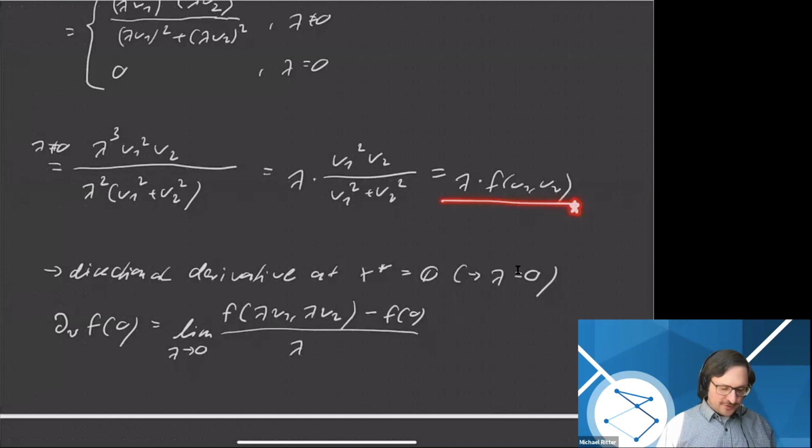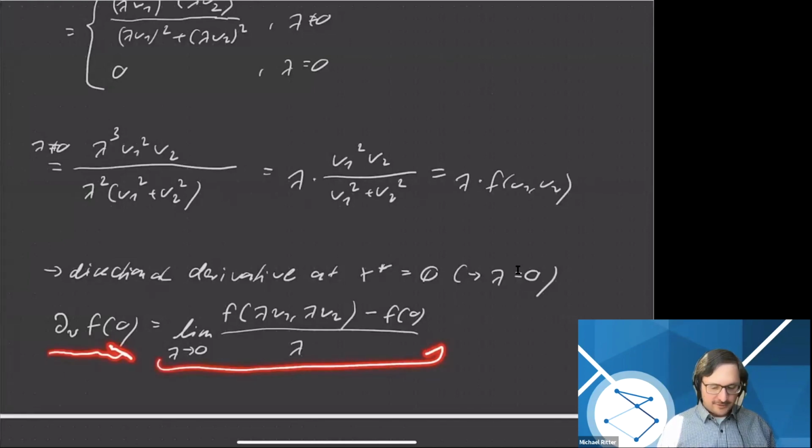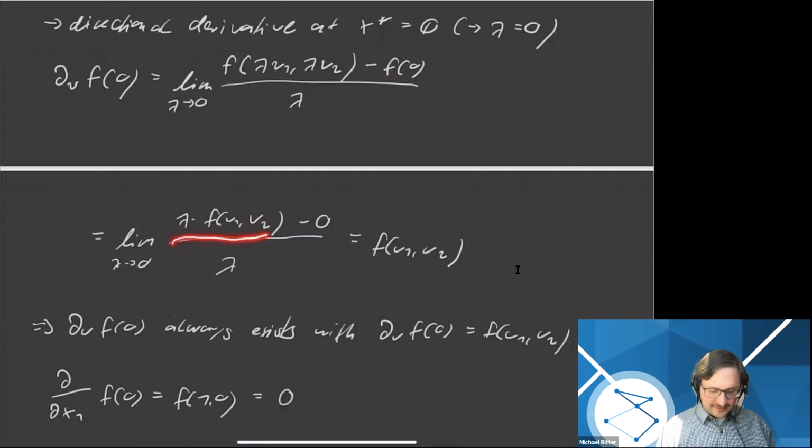And then we computed the directional derivative of f at 0, this expression here. We just used the definition of the one-dimensional derivative, substituted that here, and then that lambda just cancels out and we're left with this one. Obviously that function value is defined everywhere, so that limit exists. And we know the value. So that's easy, so to say.